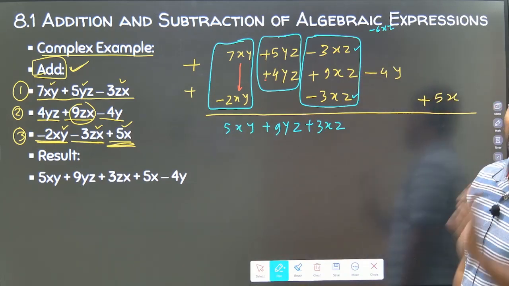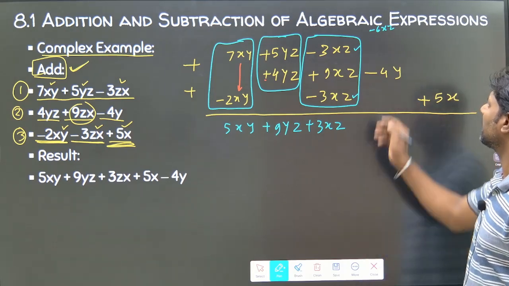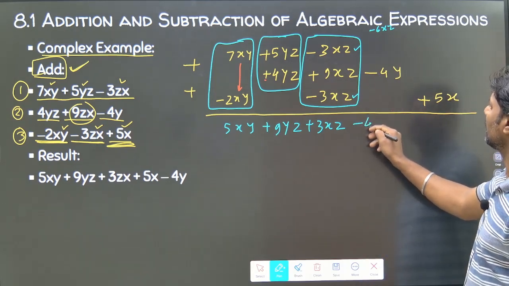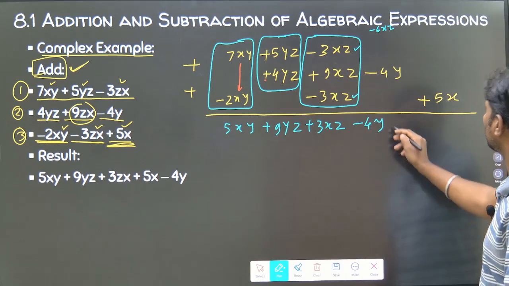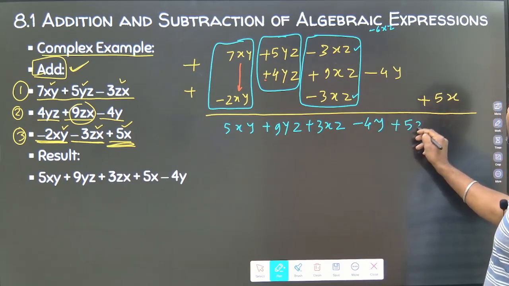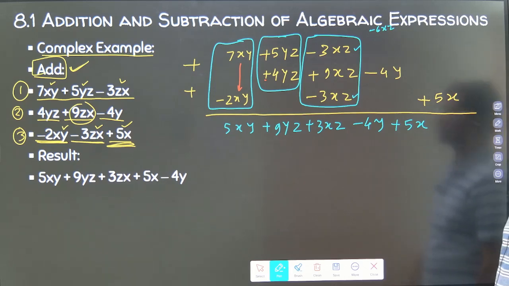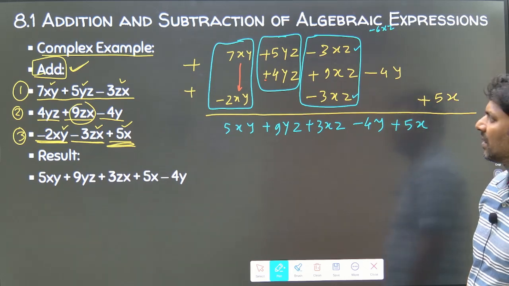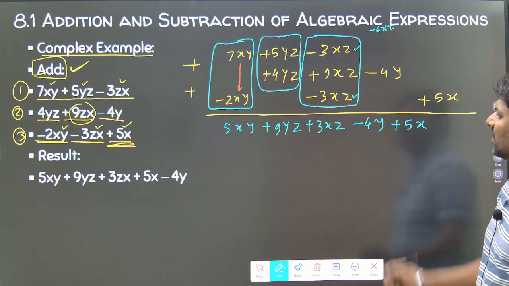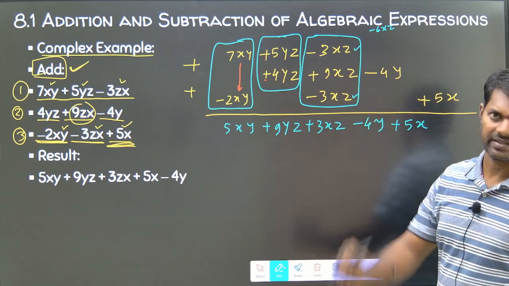So we have added similar terms. Remaining terms we will write as they are: minus 4y plus 5x. Right? So this is the answer.